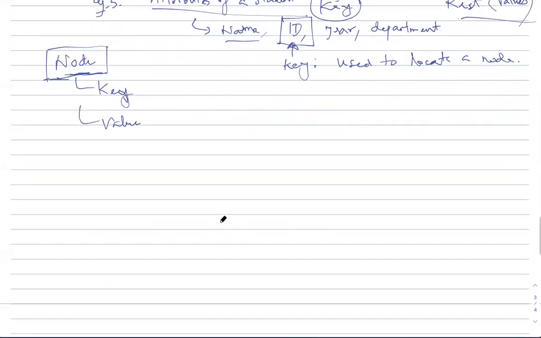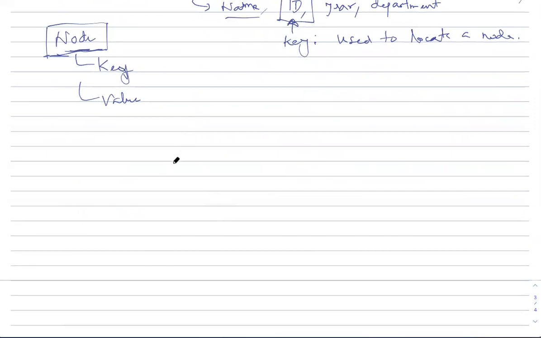Okay, so if you get that clarity, now let's talk about what are the different ways you can traverse a tree. Traversals. The first kind of traversal is called a pre-order traversal. So what is a pre-order traversal?